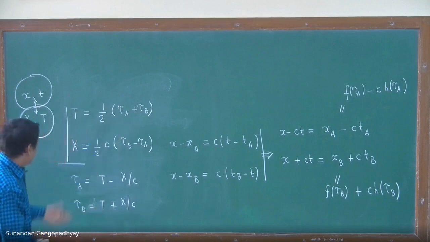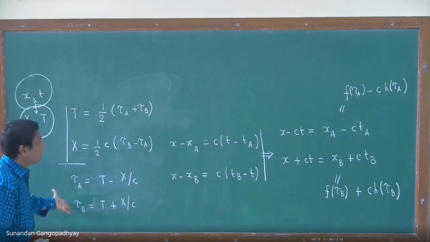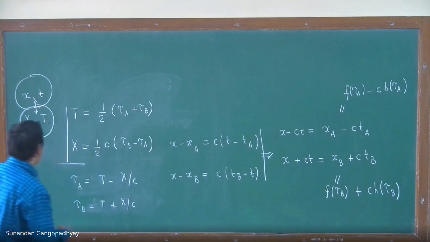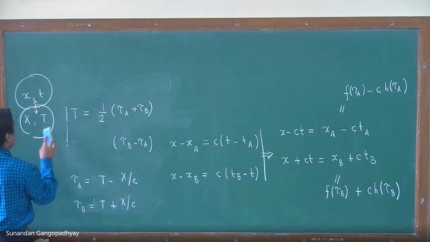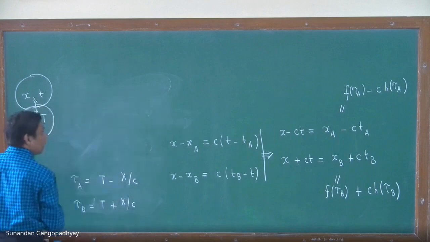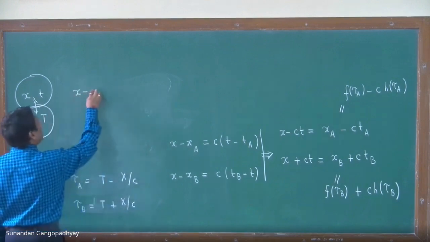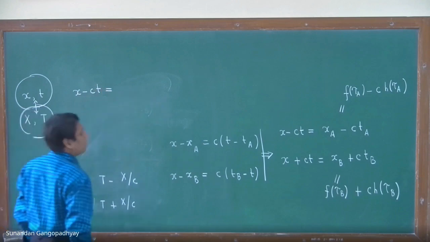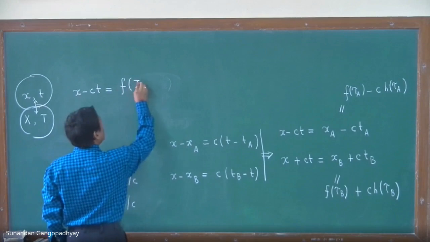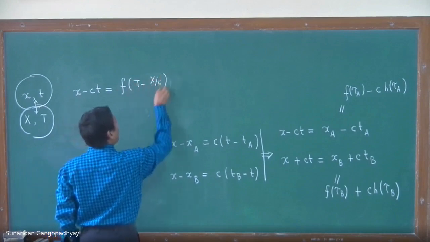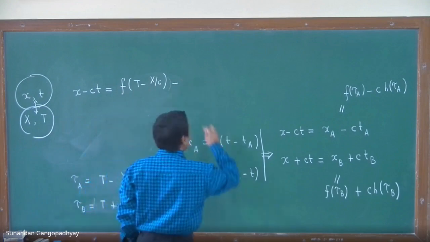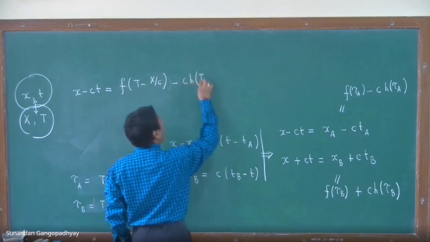If you do that, then this gets connected to this. And now what we can do is we can straight away put tau A and tau B relations. And that gives you the general connection between x and t and capital X and capital T. So what we get is X minus cT is equal to f of tau A. Tau A is t minus x by c, minus c h.